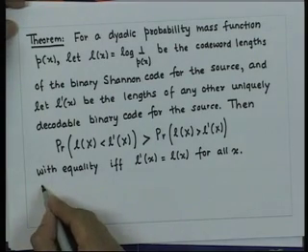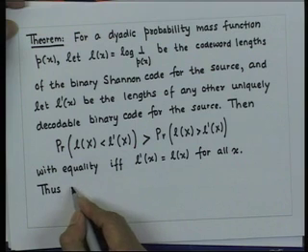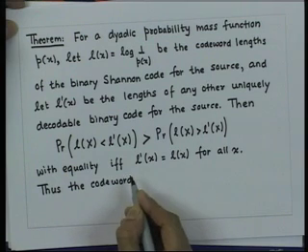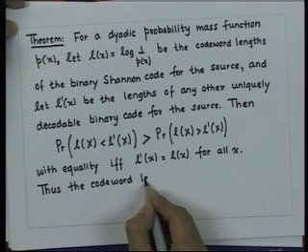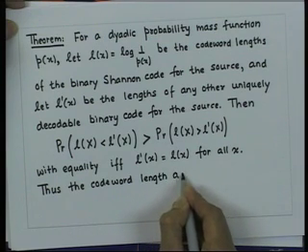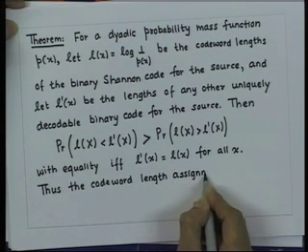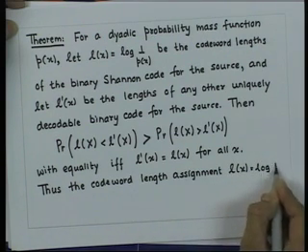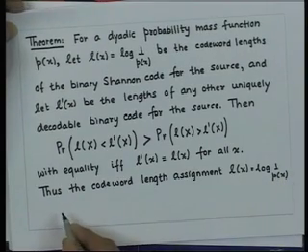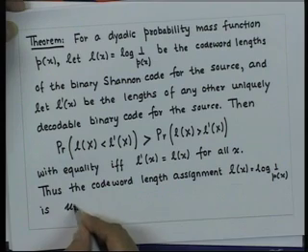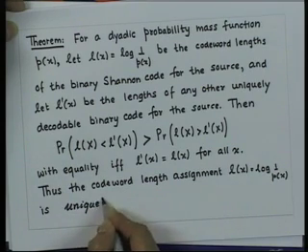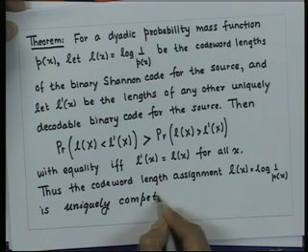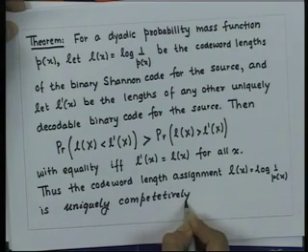Now, we can say thus the code word length assignment of the form Lx is equal to log of 1 by Px, that is the Shannon's strategy, is uniquely competitively optimal.